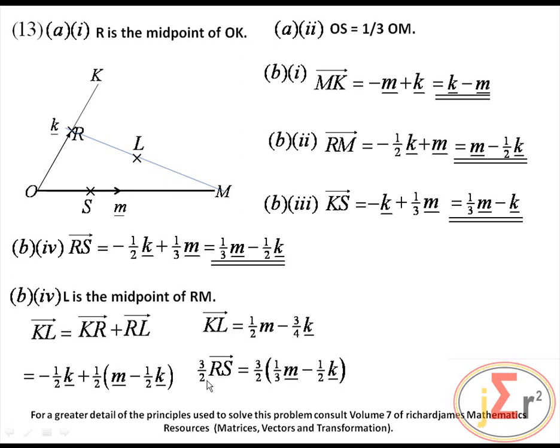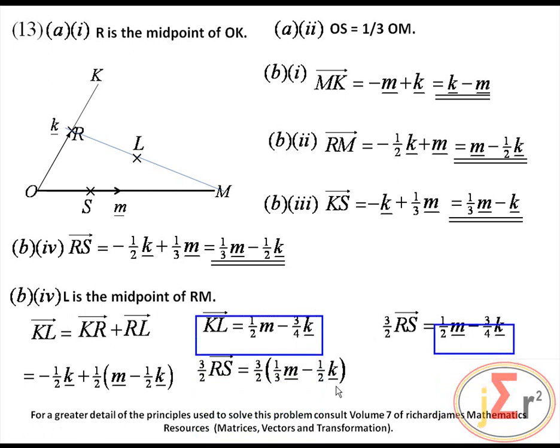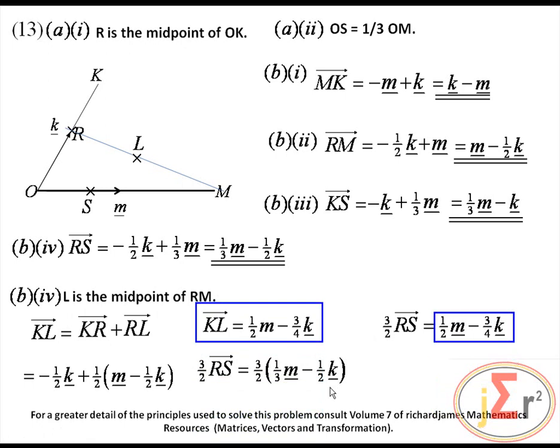So 3/2 of RS is equal to 3/2 of a third of M minus a half of K. And that simplifies to give a half of M minus 3/4 of K. What do we know? There we have them then. 3/2 of RS is actually equal to KL.